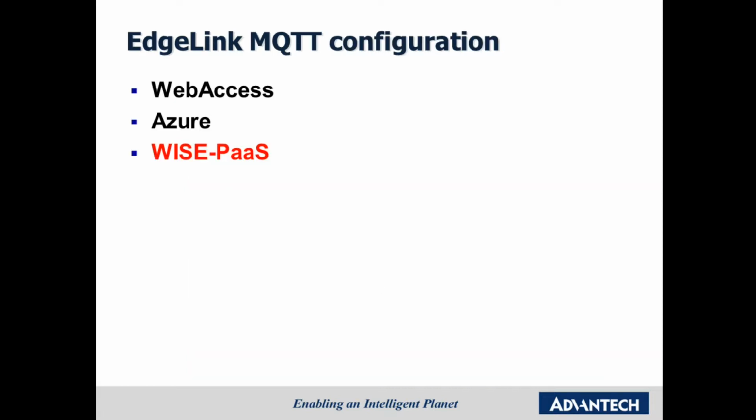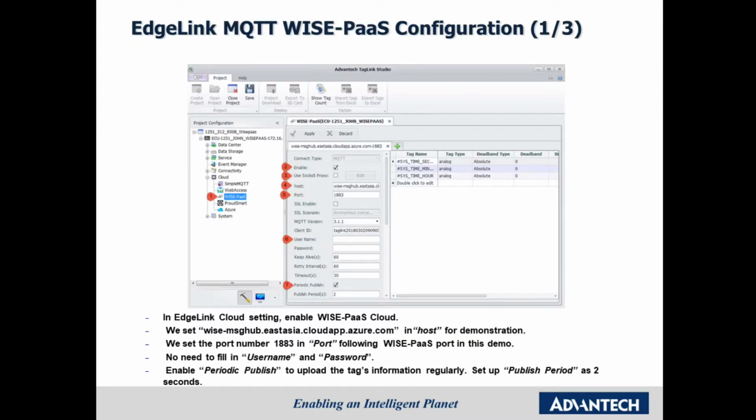The third one we will introduce is the WISE-PaaS detailed configuration. It is almost the same as the previous cloud. So in the cloud setting, enable WISE-PaaS cloud. If you want to use the circuit process, just choose it.